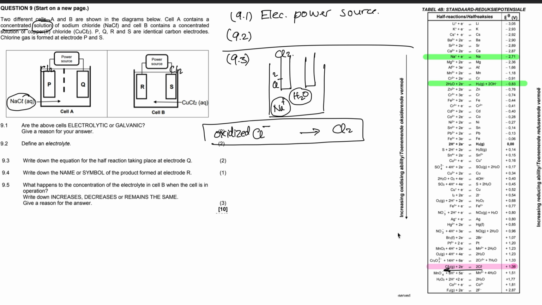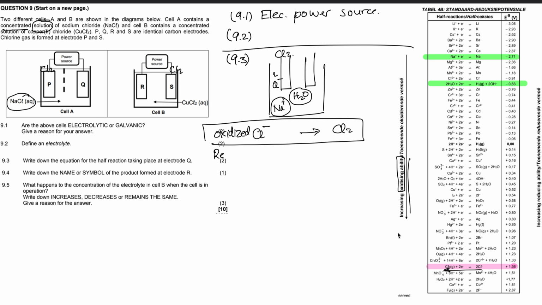Now, the one that's going to be reduced is the one that's the better oxidizing agent, or in more simple terms, the one that's lower down. Remember, as you go down, you are increasing the oxidizing ability, or in other words, you're going to want to be reduced. Water is actually lower down than the Na, so the water is going to be reduced here.